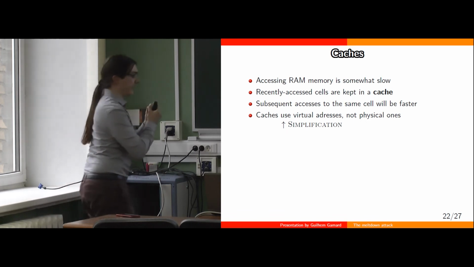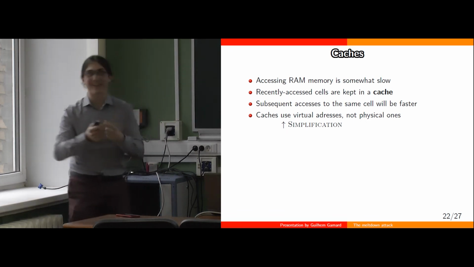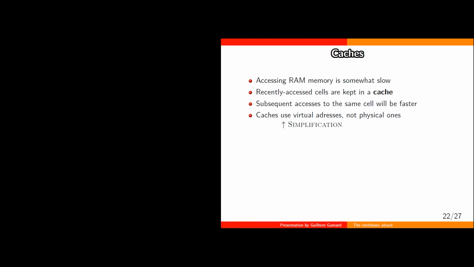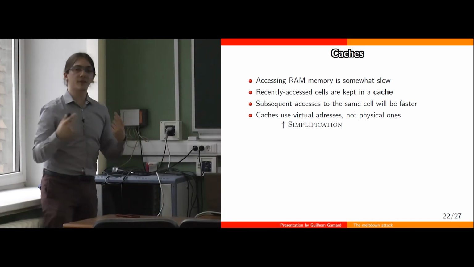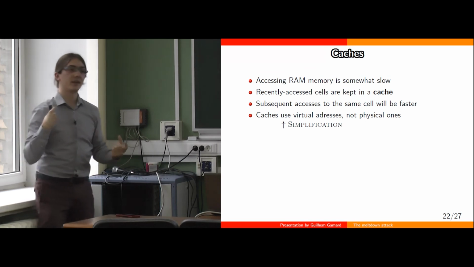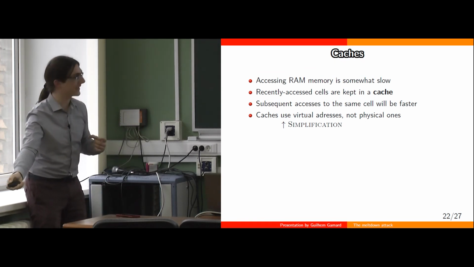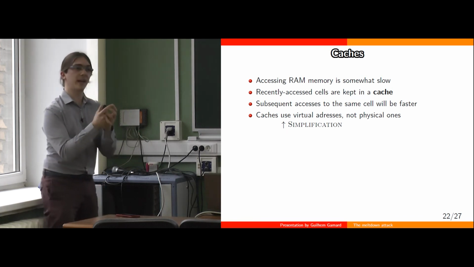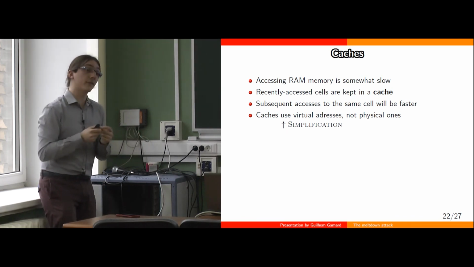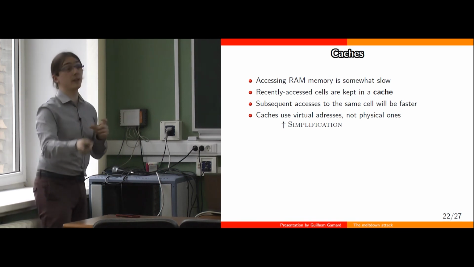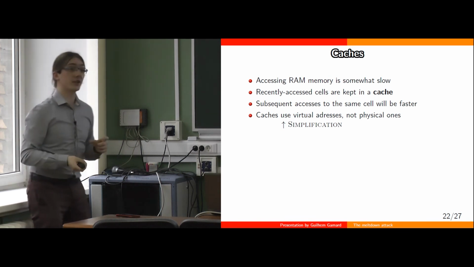So you have small pieces of memory very close to the CPU, actually inside the CPU, called caches, in which you remember the values of the cells you recently accessed. So the assumption is that if you access something, probably you're going to access it again soon. So you keep it in some cache, and therefore next time, instead of going far in the RAM to get it, you are only going to look at the cache.